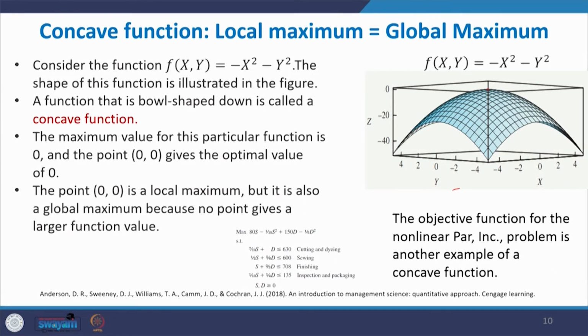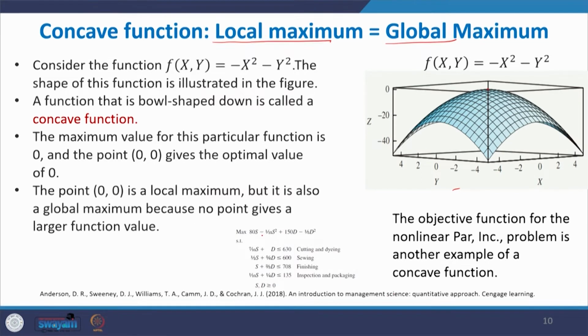So, if a function is concave, the local maximum is equal to the global maximum. The objective function for the nonlinear problem which we have discussed is another example of a concave function. How can we call it a concave function?